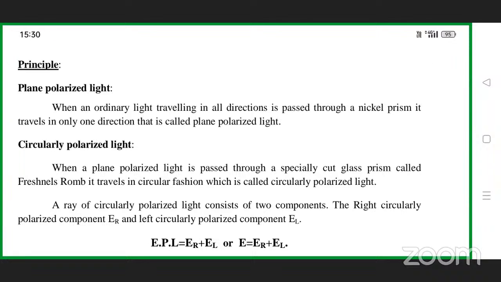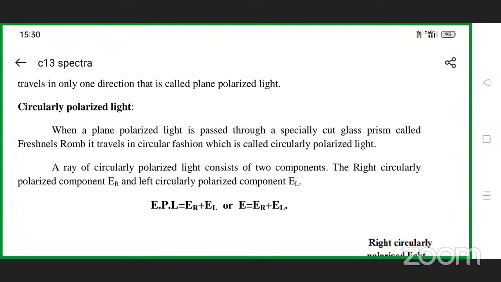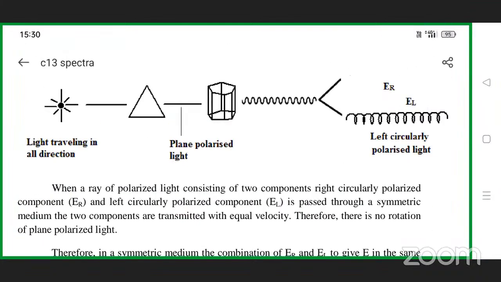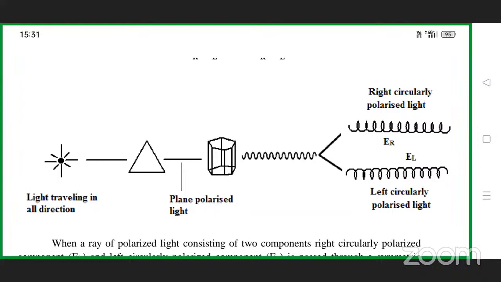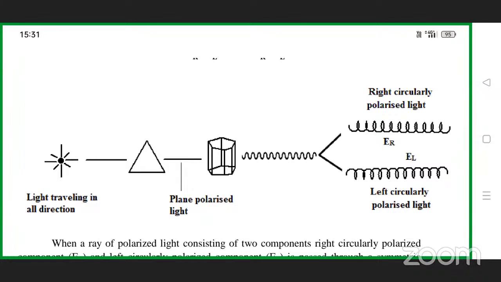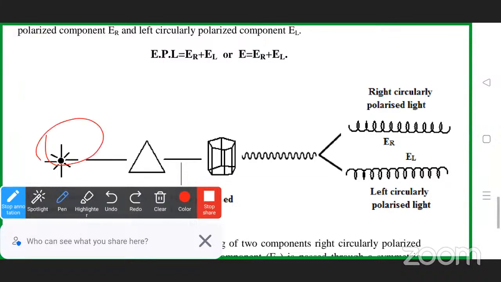When this plane polarized light passes through this prism or different arrangements, it travels in one direction, and we call that plane polarized light. Here you can see in this diagram, this is the normal, ordinary light.